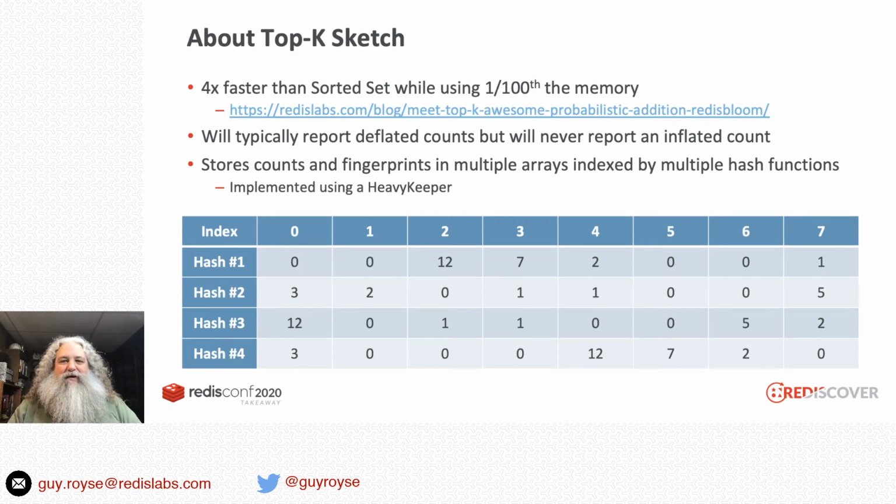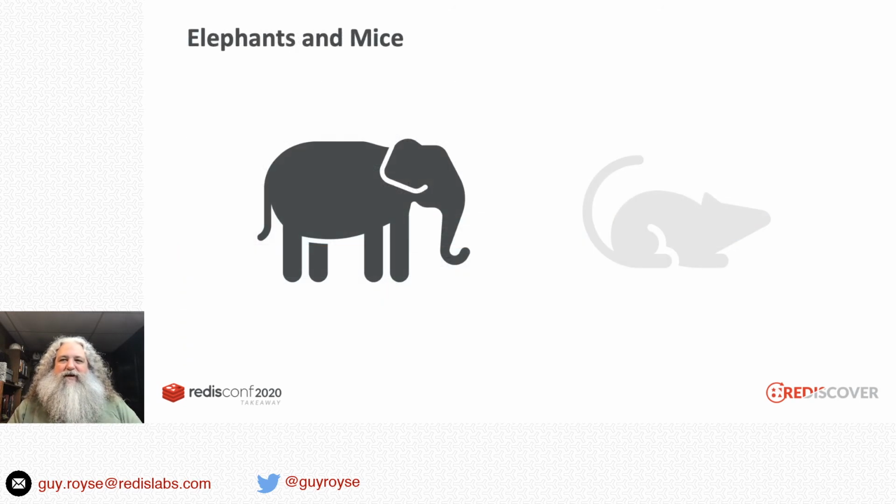But in addition to storing a count there, it also stores a fingerprint of the particular string or data that resulted in that cell being filled. And to decrement them, because they can be decremented, there's a small chance of that happening, and that chance varies depending on what the count is.